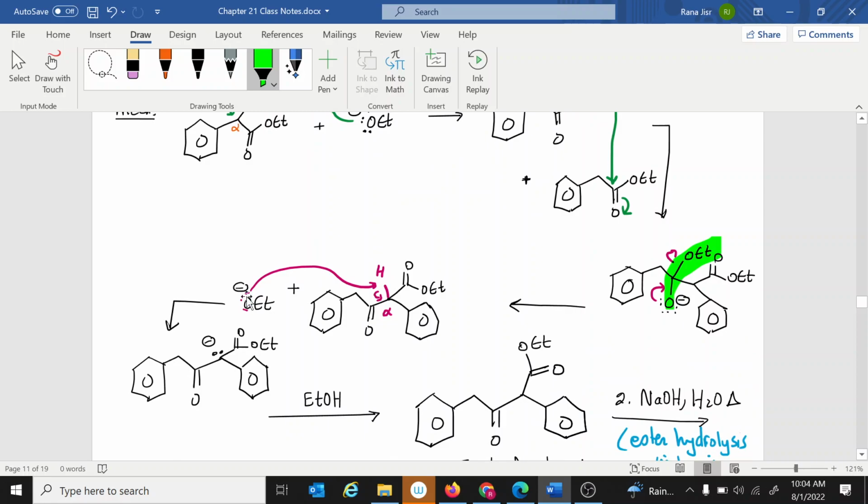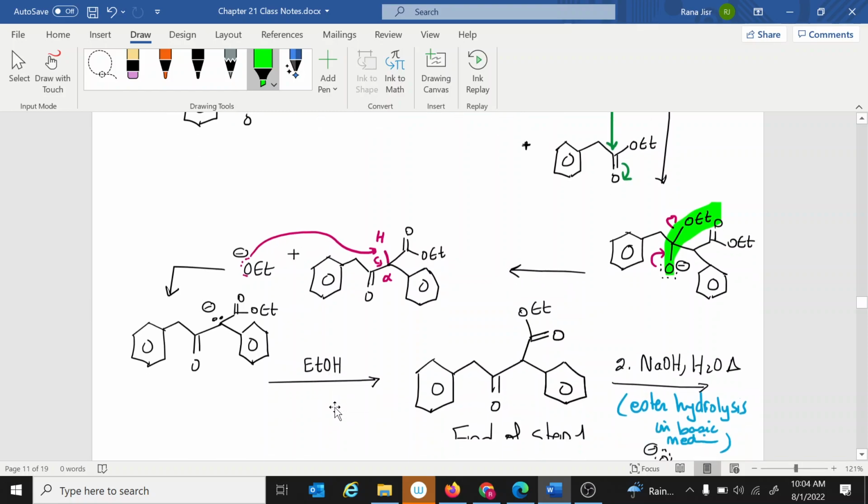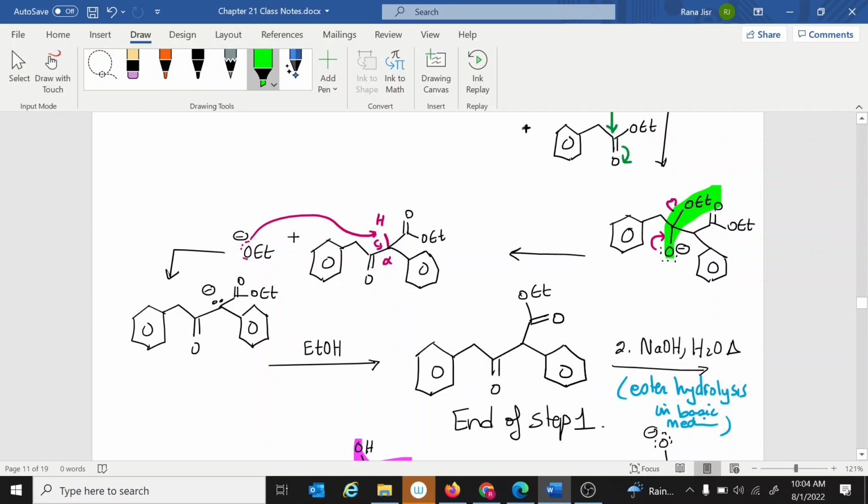So your product is going to have an O-ethyl in there. The O-ethyl is going to come again and take the alpha hydrogen, which is acidic between both carbonyls, create the enolate. This is why you have the solvent, just to protonate and return that hydrogen back again.